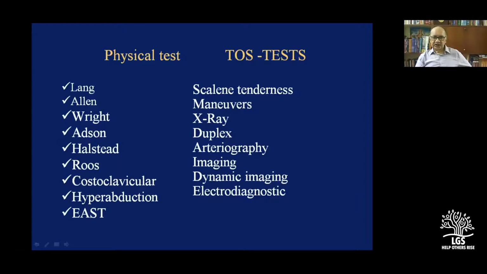You screen for local tenderness, and the maneuvers have been described already. The tests that are done are X-ray, duplex, digital arteriography, dynamic imaging, and electrodiagnostic tests such as nerve conduction velocities, all of which are assessed. But all that is not very suggestive in neurogenic TOS.